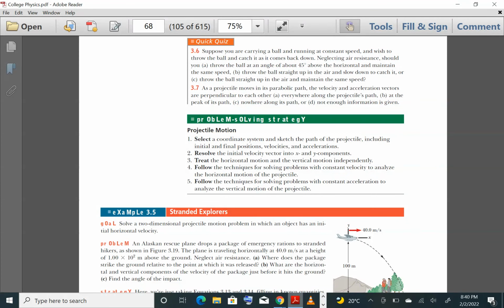So that's what we are going to analyze here so that we can get the horizontal and vertical components of the velocity of the package. In short, they're asking what the final velocity of this particular package was just before impact in the horizontal and the vertical axis.